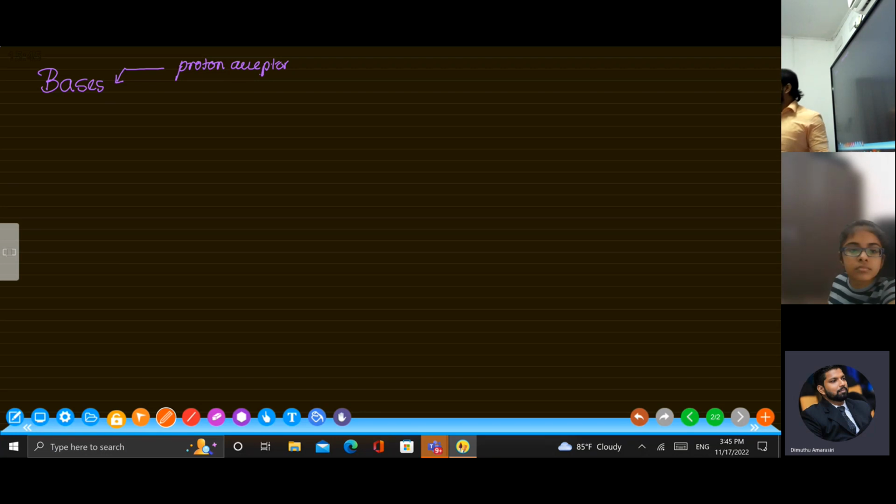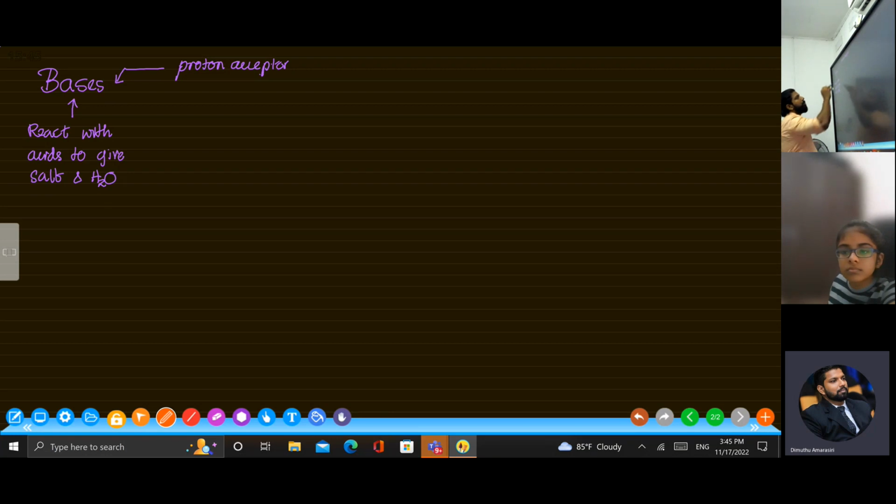So base doesn't have a definition like the acid definition. The proton acceptor is one good definition. A base is a substance that reacts with acids to give salt and water.